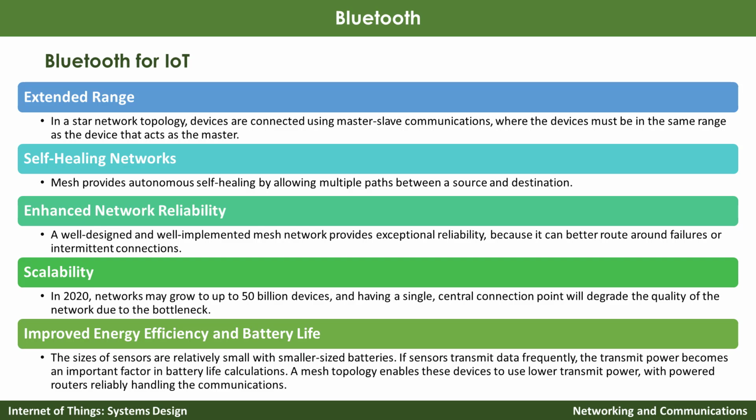Bluetooth has some limitations in terms of the star approach, where only 8 devices can be connected. But in a mesh network, there are ways to extend these limitations. Bluetooth by design, especially Bluetooth Low Energy, has significantly improved energy efficiency and battery life. So we see a lot of devices now use Bluetooth Low Energy to have a long-lasting battery.